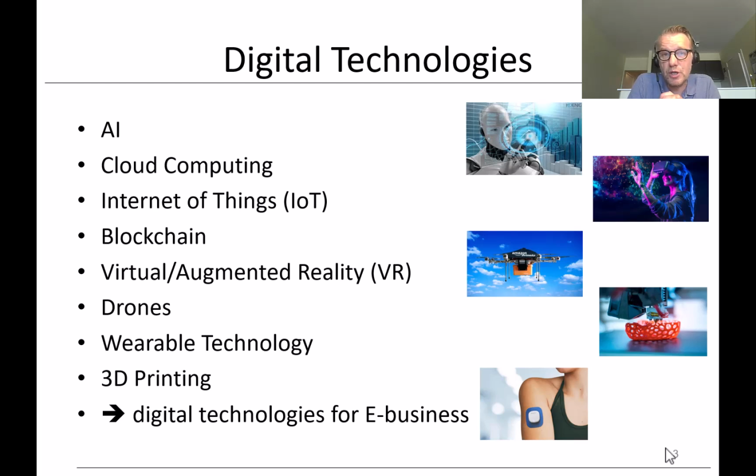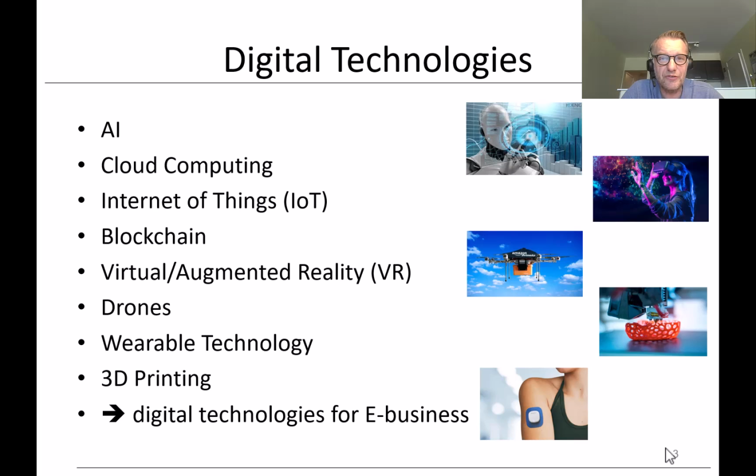Think about virtual or augmented reality, which allows us to have immersive experiences in a particular type of environment, using a particular type of product, as such facilitating what the product can do for us or how the environment interacts with us. Think about drones, which provide another way of delivering products to our doorstep.